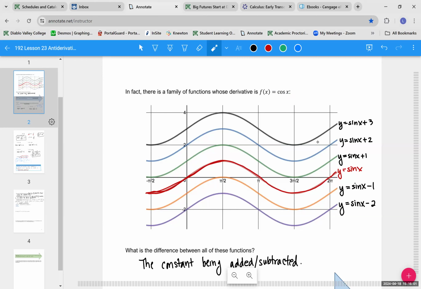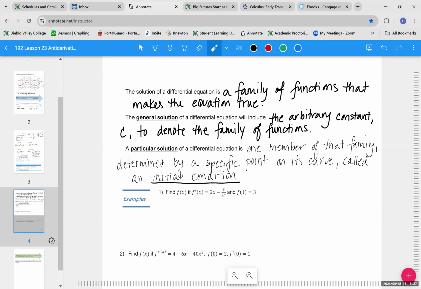And so generally we would have said that the solution would be y equals sine x plus c. But if I said the initial condition, that I want the particular solution that has the point (0, -2), there's only one member of the family that will have that point. So that gives you that one particular solution to your differential equation.